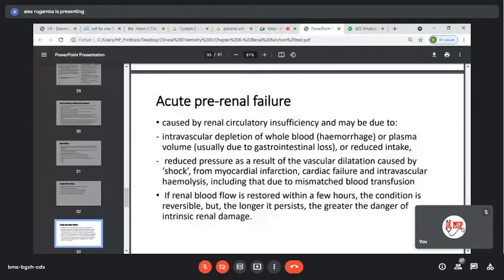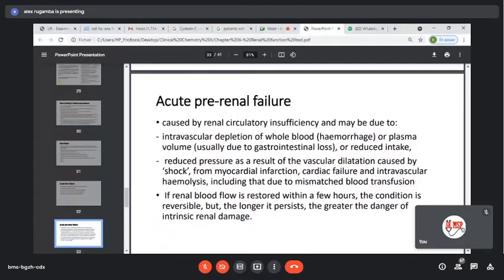But the longer it persists, the greater the danger of damage to the kidneys. Maybe there is a hemorrhage. If someone is losing blood, for example, from a hemorrhage in your arm, of course you will lose blood, so the blood flow in the kidney will be reduced.